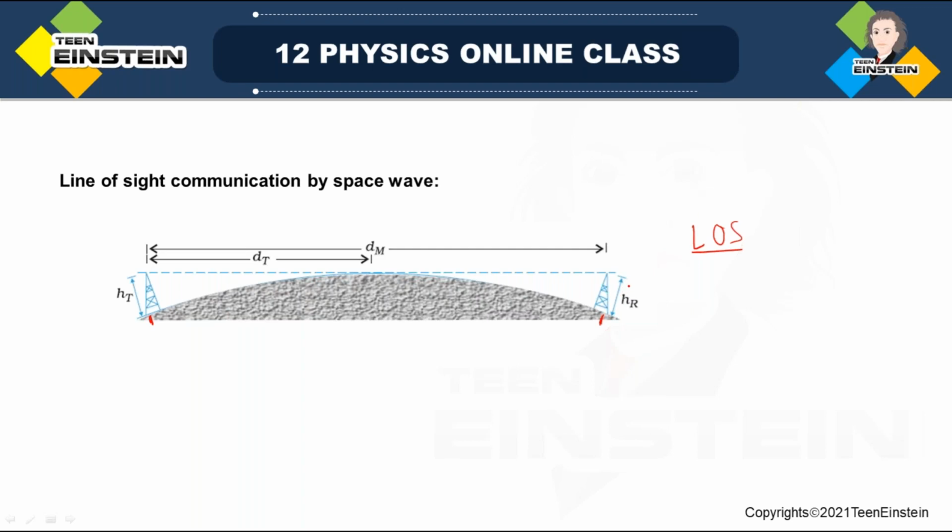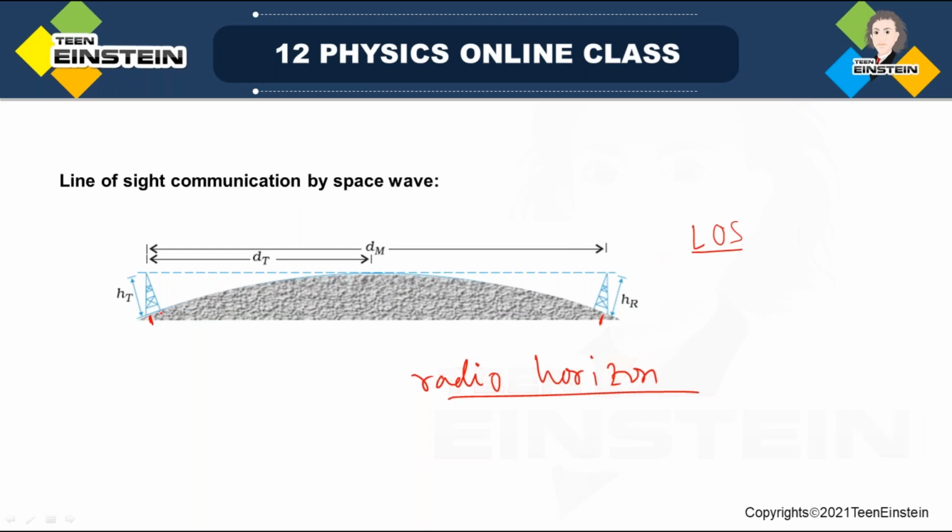So for the space wave, the earth surface gives a horizon, like below the horizon we cannot see the sun, and above the horizon we can see the sun. Similar to that, the curvature of the earth surface gives the space wave a radio horizon, below which there cannot be space wave or line of sight communication.